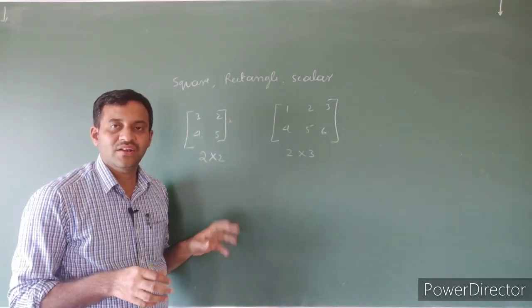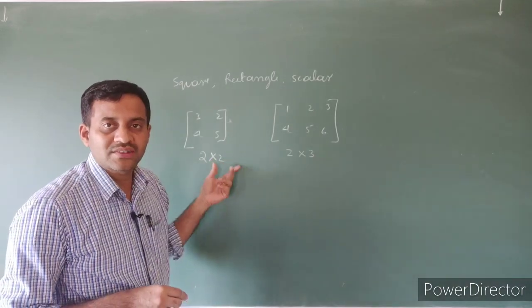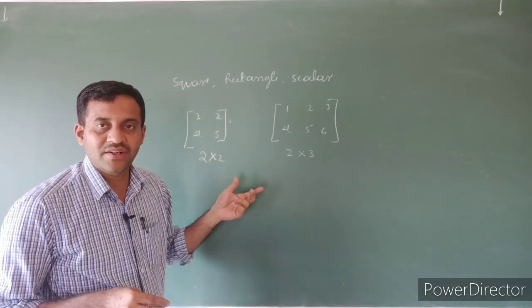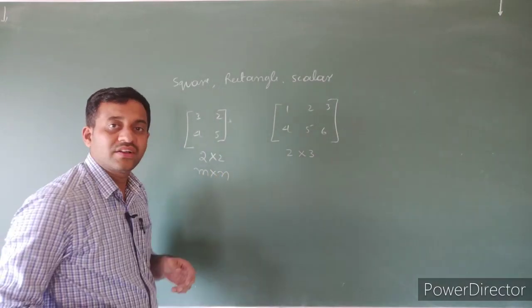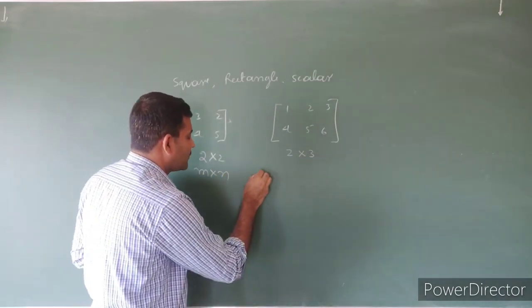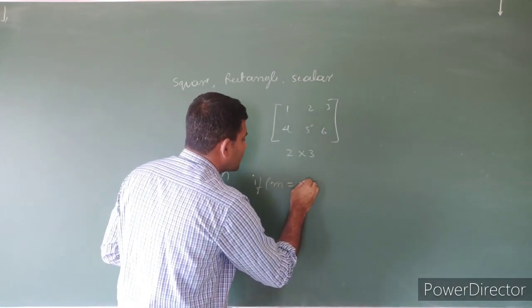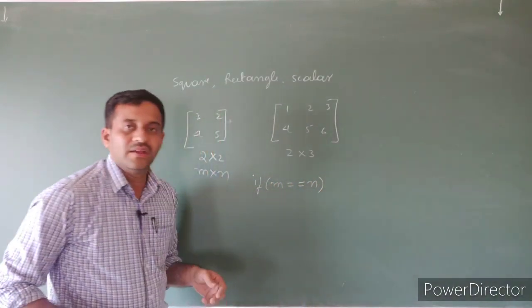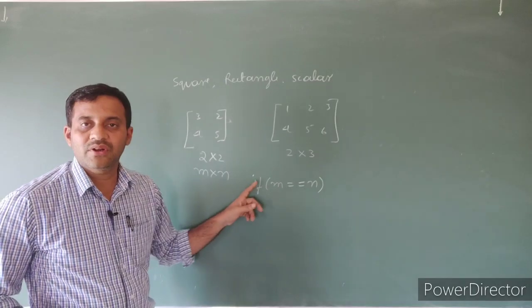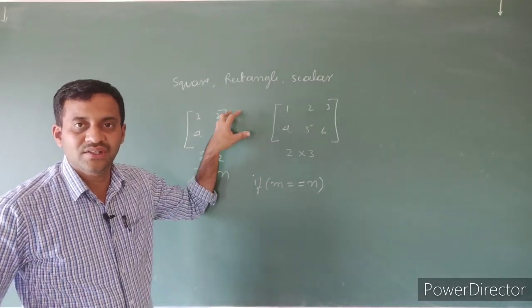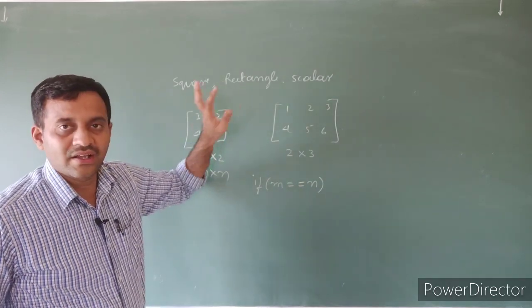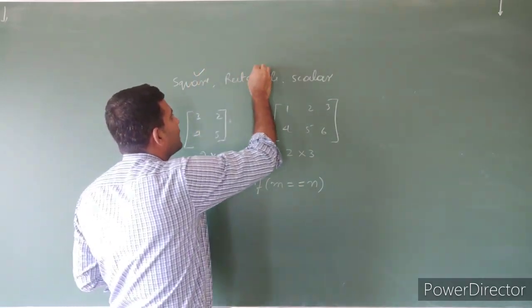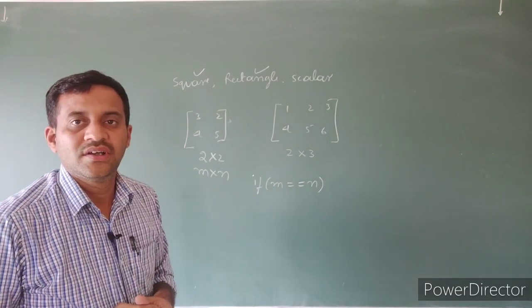If the order is m cross n, and m is equal to n, the number of rows equals the number of columns, then the given matrix is a square matrix. If it is not equal, the given matrix is a rectangle. Clearly we say square and rectangle matrix.